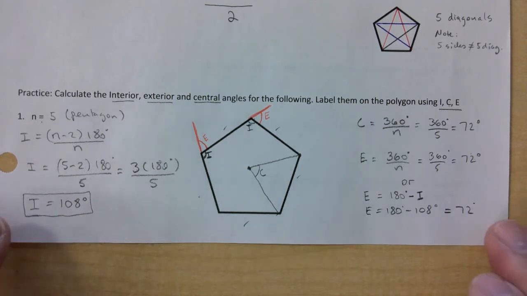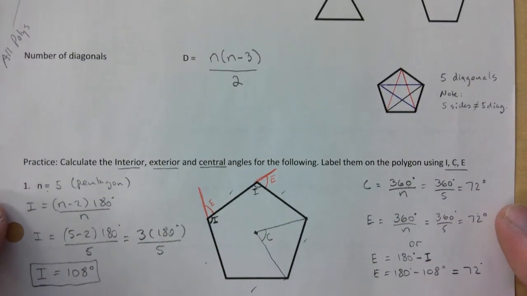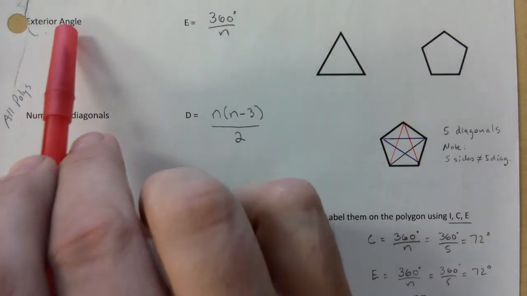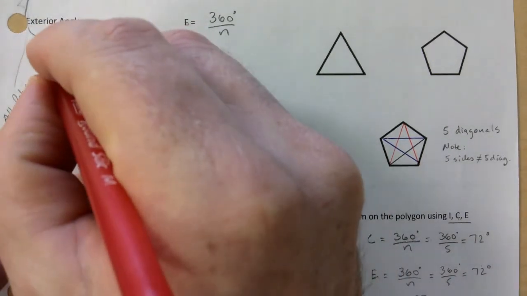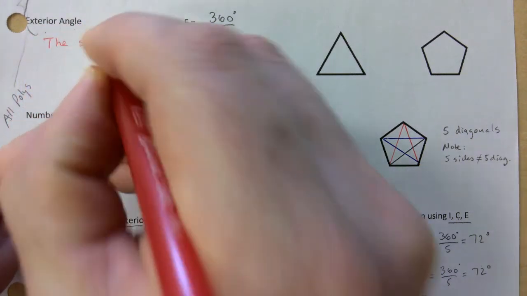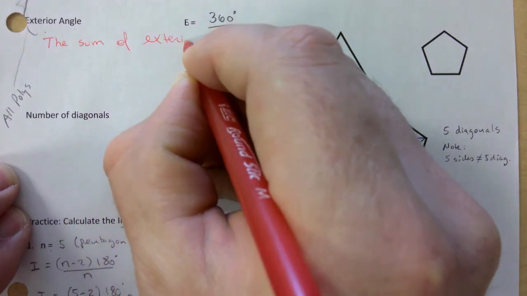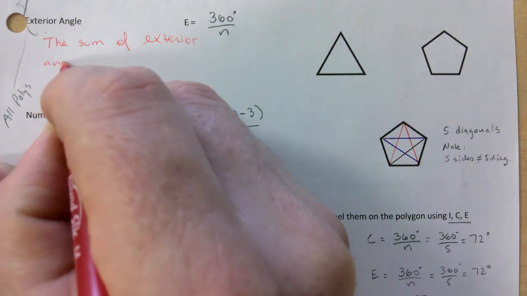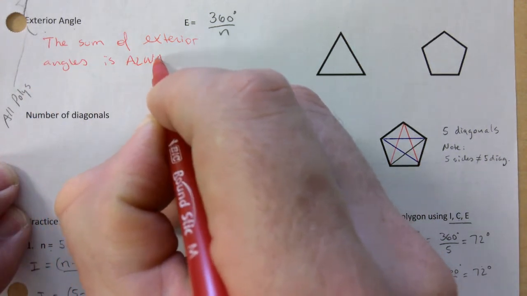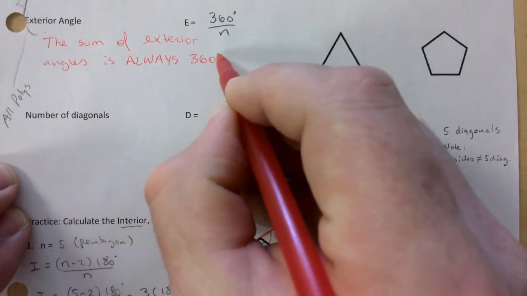Can we go up here a little bit to exterior angles, and I just want to add a note right here under this. The sum of exterior angles is always, this is study sheet material as well, 360 degrees.